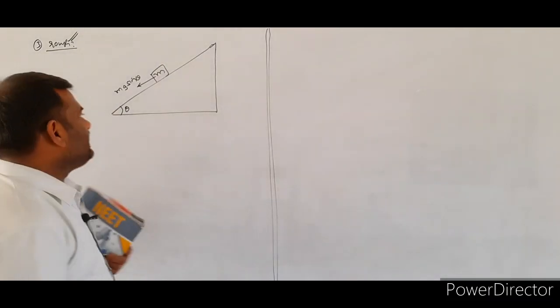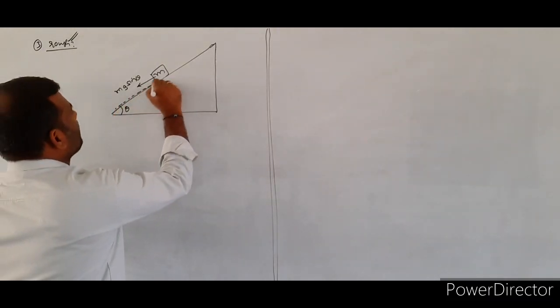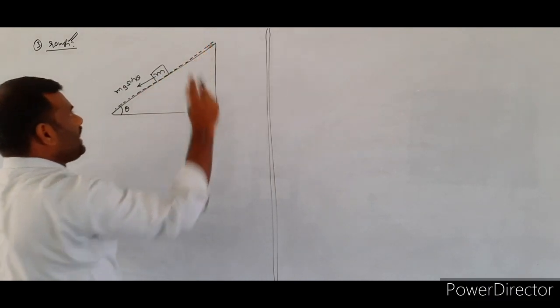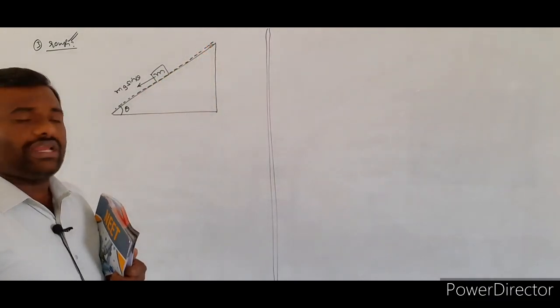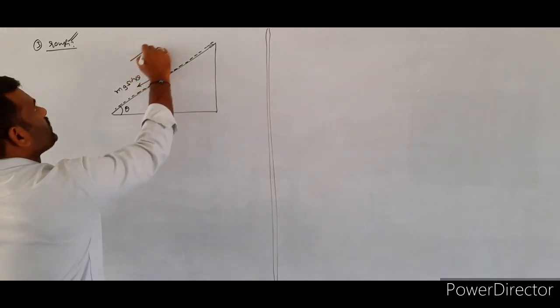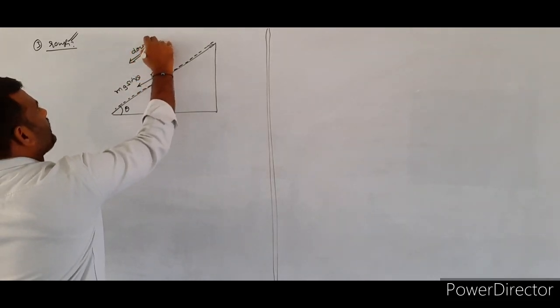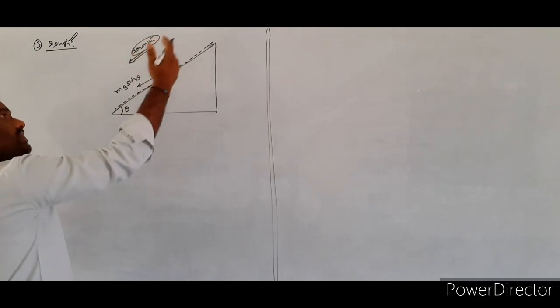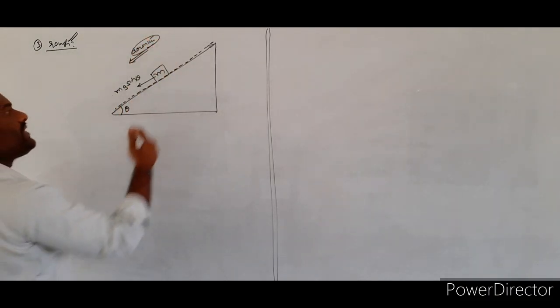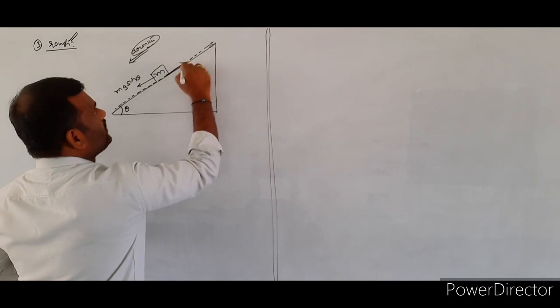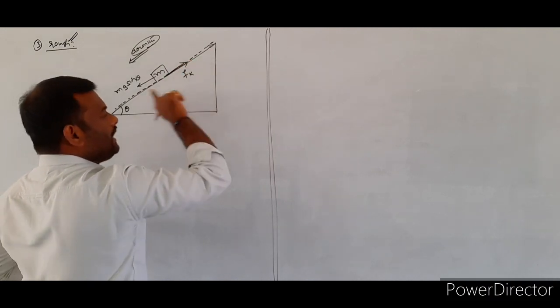Here they specified that the given inclined plane is rough, and the body is moving down the plane, so the body will be sliding downwards. Whenever the body slides downwards, frictional force will be acting up the plane.